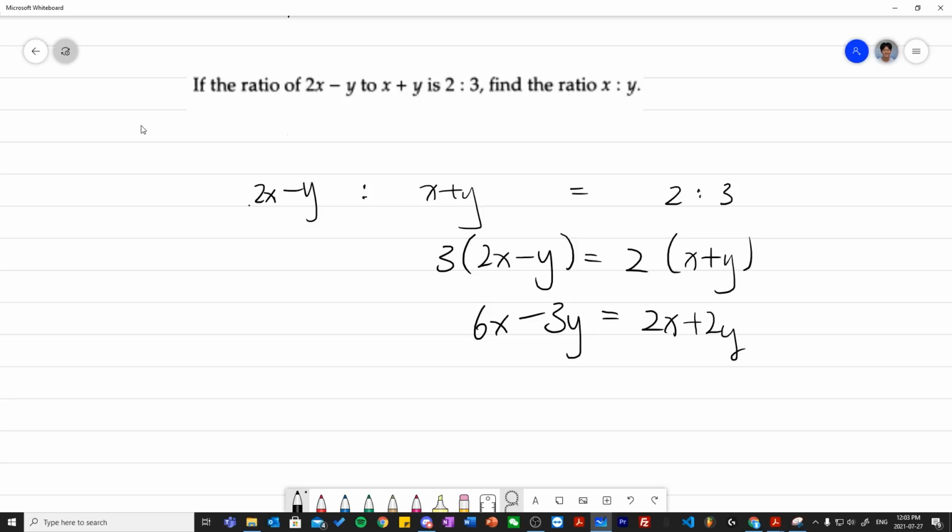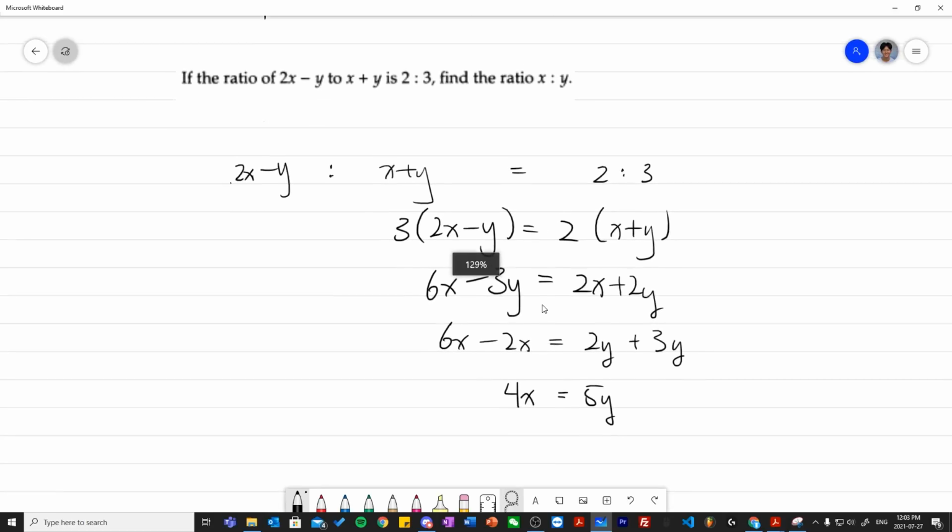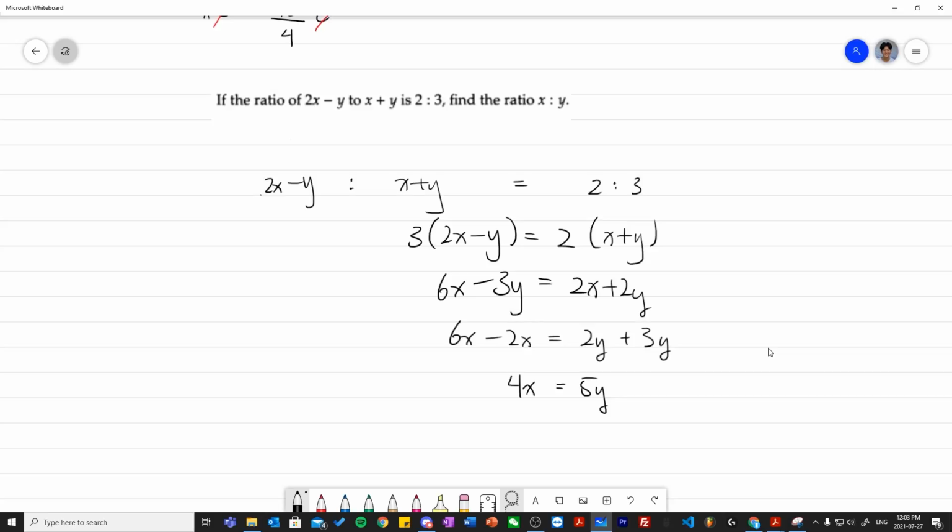So now the left side is 6x minus 2x, and the right side is 2y plus 3y. Okay, so this would become 4x to 5y, and that's 4 to 5. Not bad, it's pretty good. I like your way of thinking.